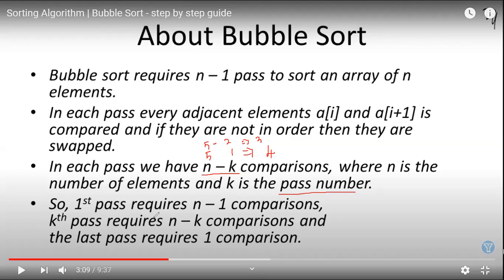So simplifying, the first pass requires n minus 1 comparisons, and obviously the kth pass requires n minus k comparisons, because n is constant. And always the last pass requires only one comparison, right?